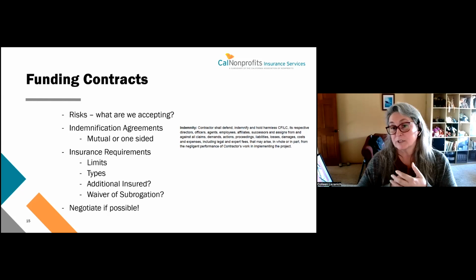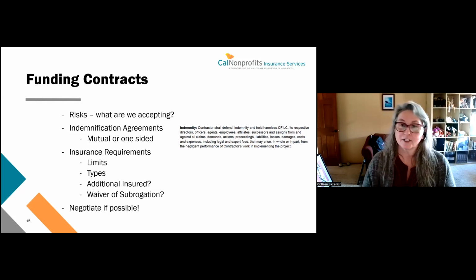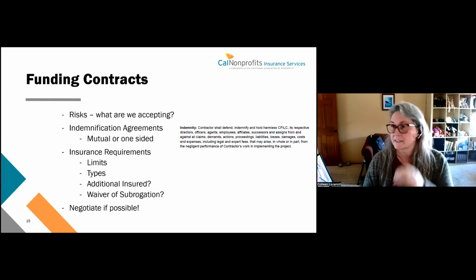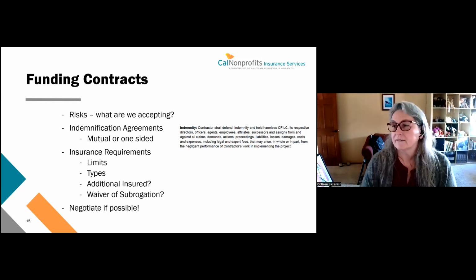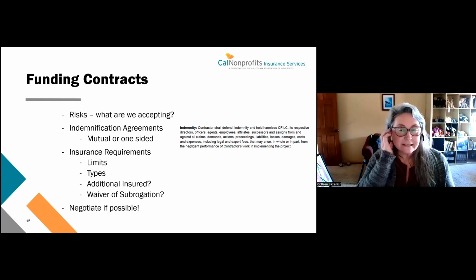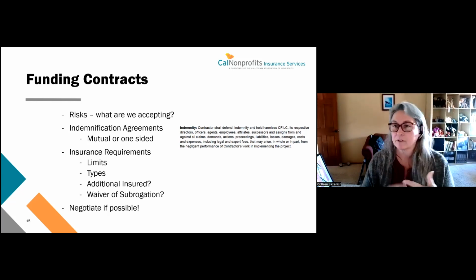Nonprofits a lot of times will just sign the contracts without negotiation, without really reading it, and then they give it to us and say, I need coverage for this, or I need you to give them an additional insurance certificate, without realizing that they agreed to $5 million cyber liability limits, which is one that we've been seeing a lot recently, and nobody's going to give it to them. Or they'll see things and then they have to go back after the fact when all their funding could be held up on this.